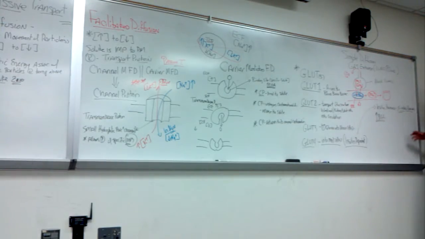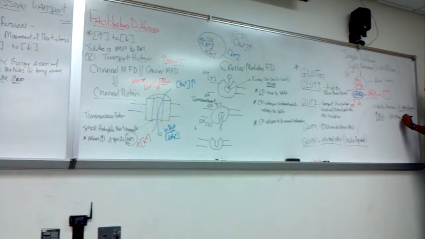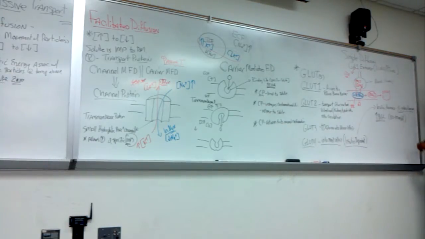The body wants to maintain blood glucose levels roughly around 80 to 120 milligrams per deciliter. When you eat a high carbohydrate meal, this causes a spike in your blood glucose levels, as your body breaks down and digests the carbohydrates.